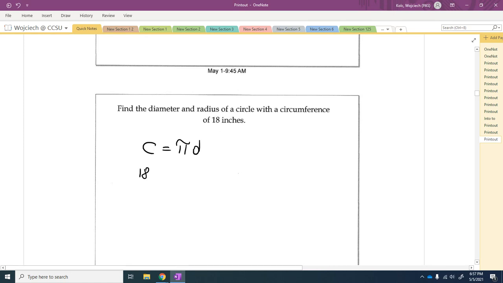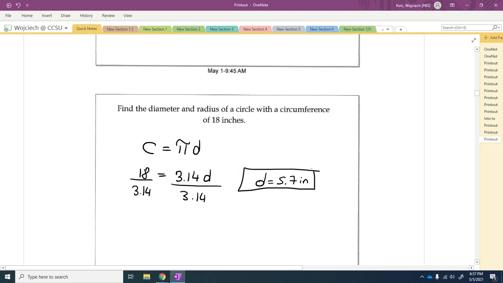So 18 equals 3.14 times diameter. To get d by itself, divide by 3.14 and also divide by 3.14. So 18 divided by 3.14 will give you approximately 5.7. So diameter would be 5.7 inches.